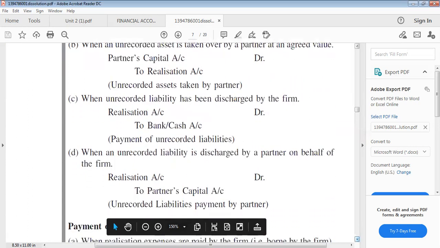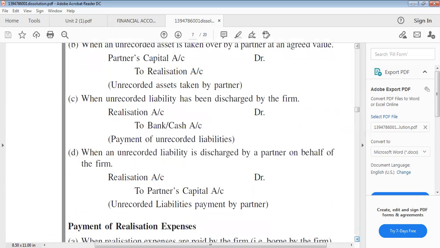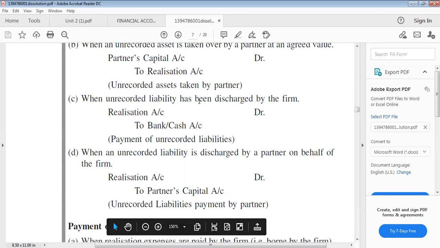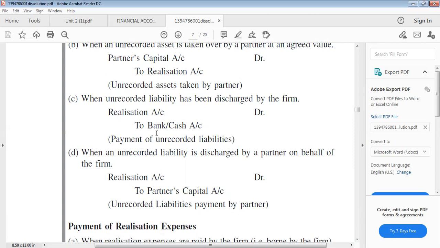Next one. When unrecorded liability has been discharged by the firm, debit realization account, credit to the bank or cash account.